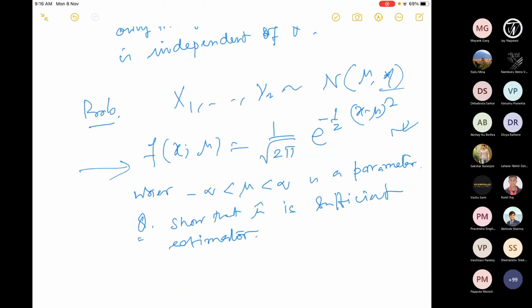So this is from the normal population. Now I have to check whether mu hat is a sufficient estimator or not. What was my mu hat?